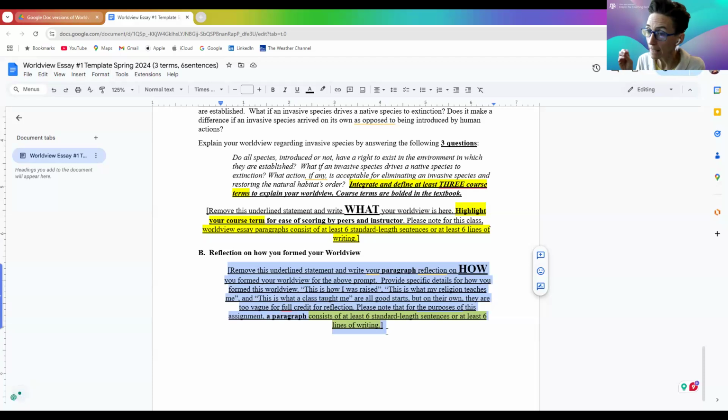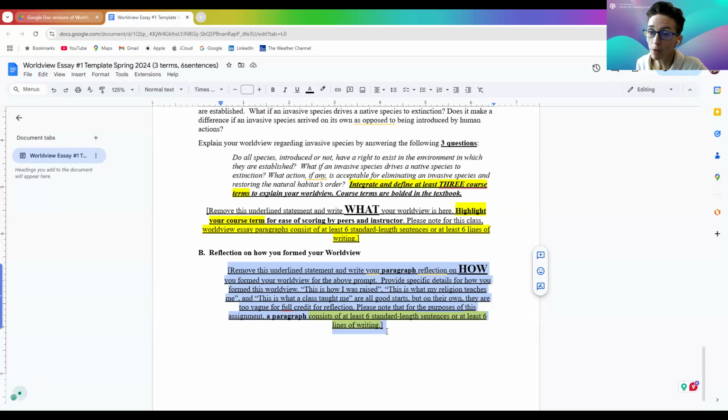Those are all decent starts, but if you leave it at that, it will not be enough. You can't just say, my parents taught me to respect natural order, and then be done. How did they do it? What did they do? What were your experiences? Tell me about experiences. If you can't think of experiences, or they're experiences that you don't want to share, and keep in mind, no one's going to know who you are except me, then pick a different prompt.